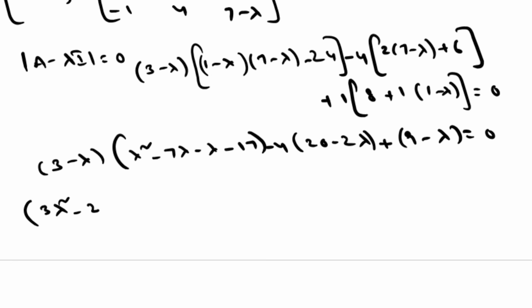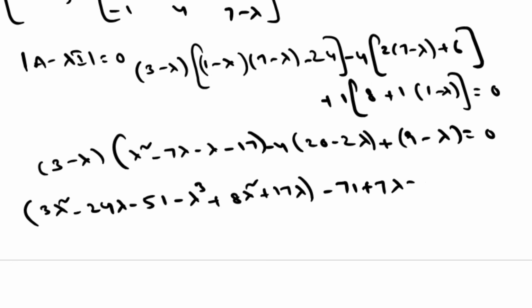3 lambda square minus 24 lambda minus 51 minus lambda cube plus 8 lambda square plus 17 lambda minus 71 plus 7 lambda is equal to 0. Minus lambda cube plus 11 lambda square minus 122 equals to 0.